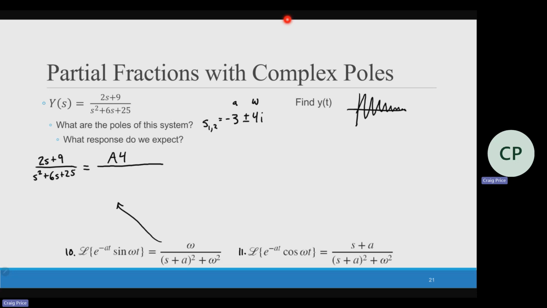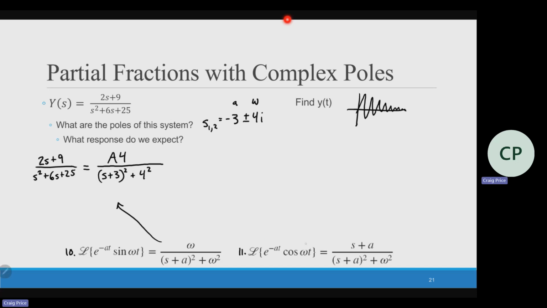We have an s plus a, so it's (s plus 3) squared, plus omega squared, which is 4 squared. Once you know the roots, you know what the partial fraction should be. In this case, I have an a and omega. There's a real part and an imaginary part. So that's how we're going to set it up.